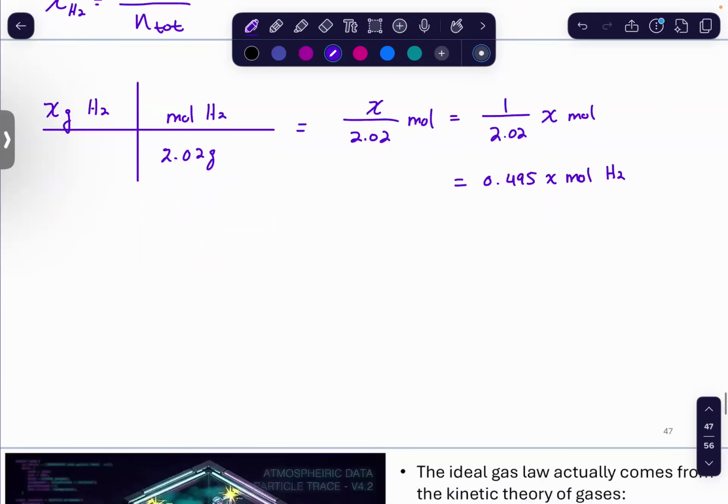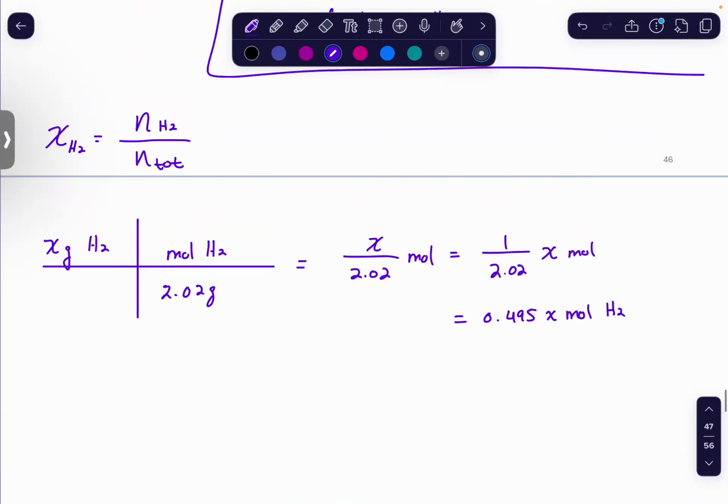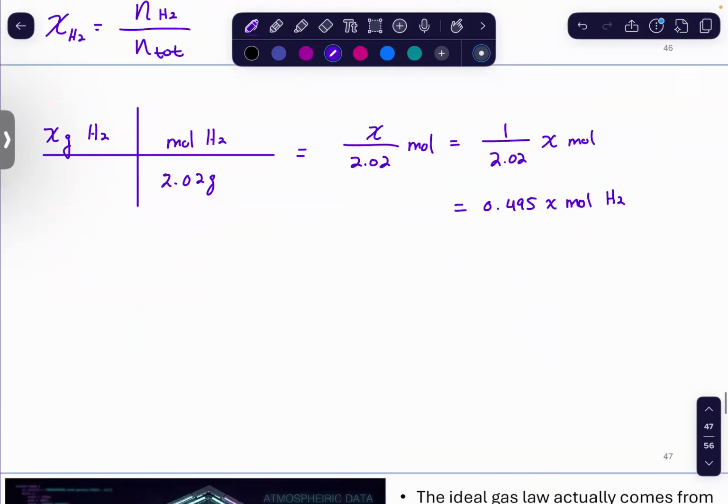We'll do the same thing for helium. Oh, wow. I think I need more room. X grams of helium. Go ahead and put that in now.